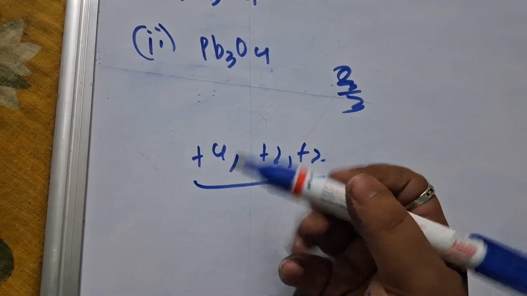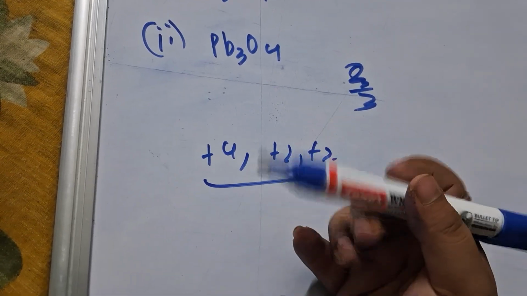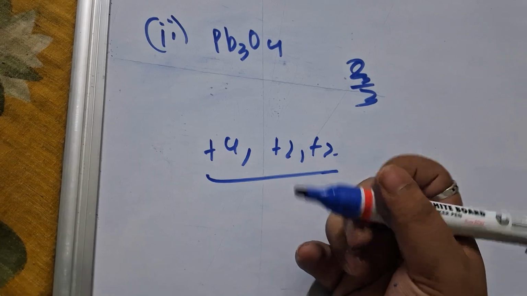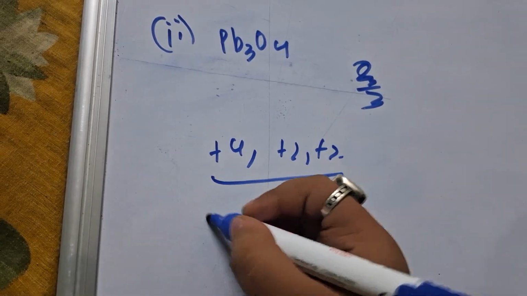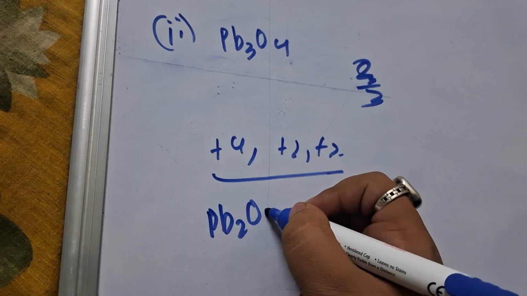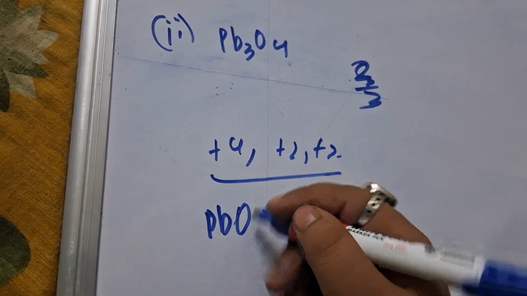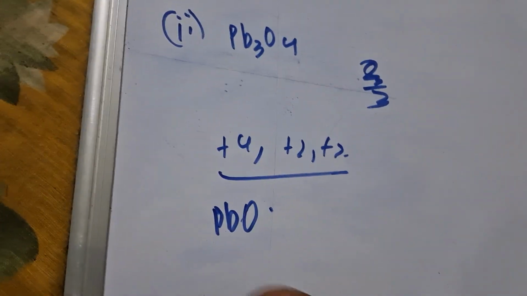Is it Pb2O3? No, can't be. Pb2O4 can be. No. PbO, how does that sound? That's plus 2.